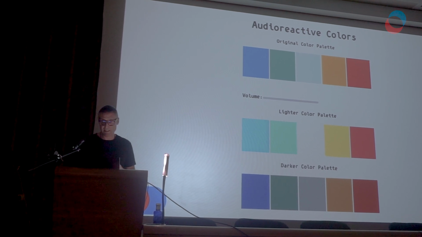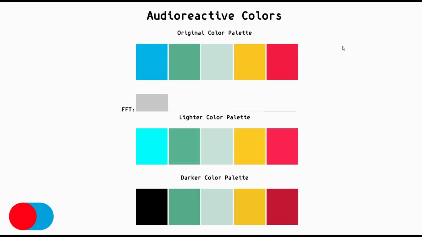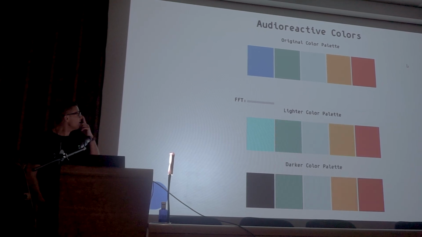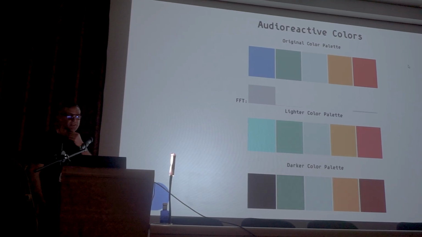So let's play it so you can see. This is just using volume. But you can use the fast Fourier transform in the same way, just changing the colors matched with the bands of the fast Fourier transform.